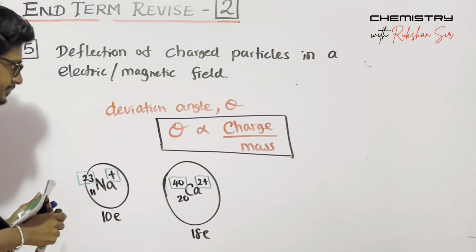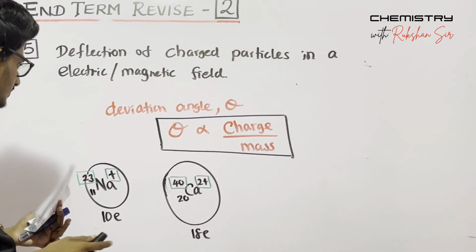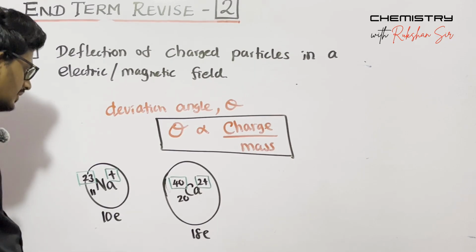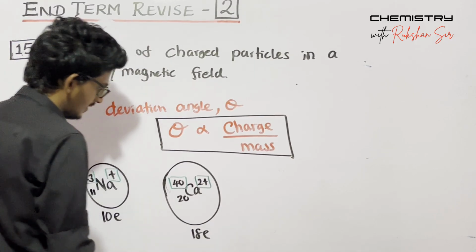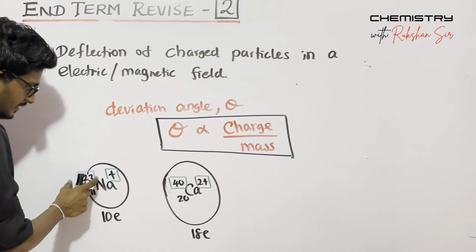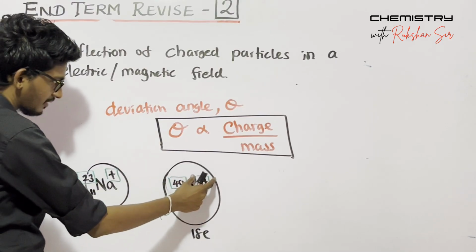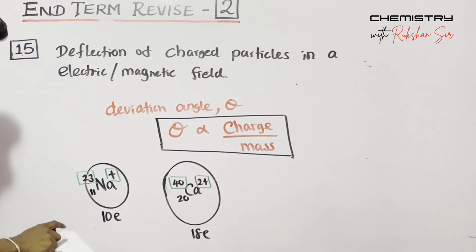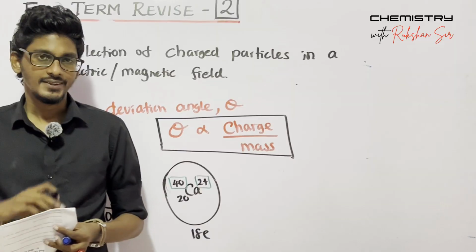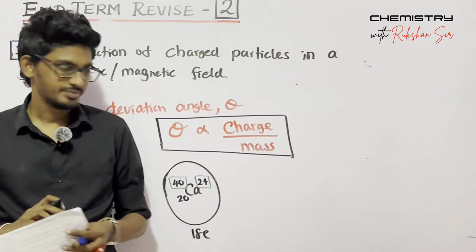Looks like the mass is low with this one, and the charge is high with this one, right? So some problem is there. Let's come up with the right calculation.